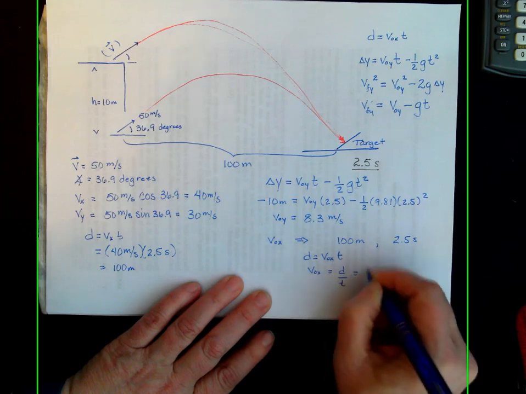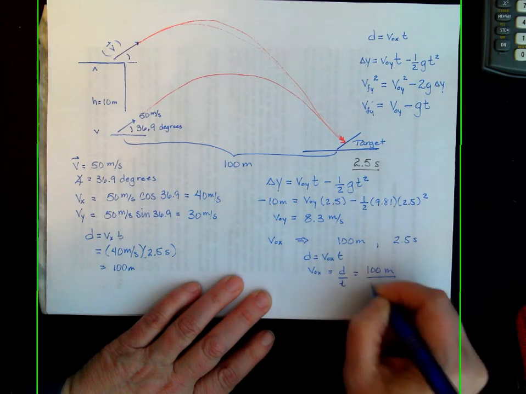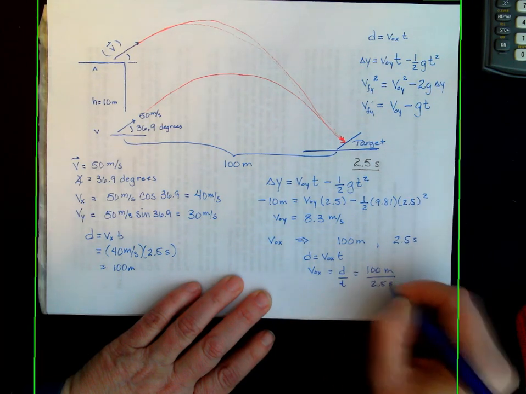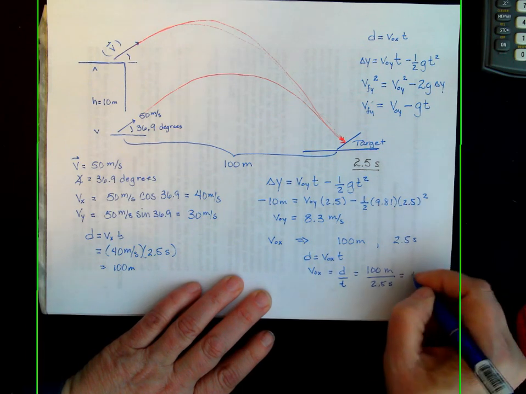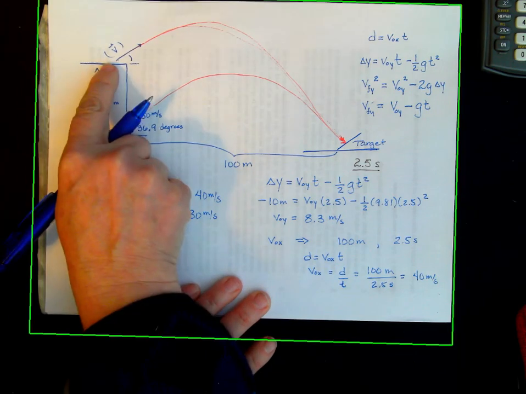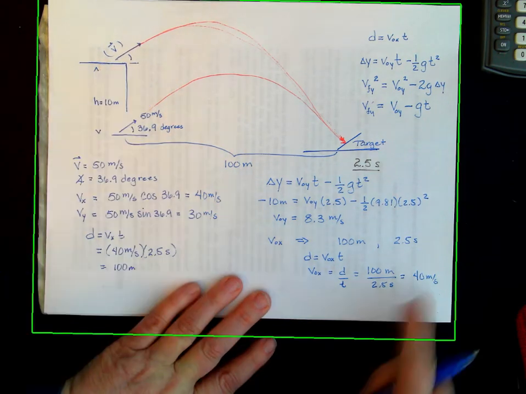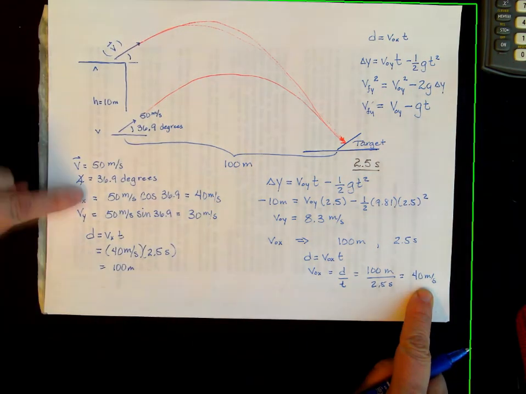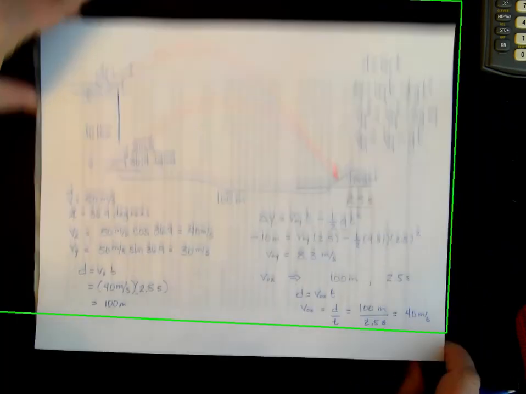And lo and behold, I'm getting my 100 meters divided by my 2.5 seconds, and that is going to give me my 40 meters per second. So it turns out that the x direction of my vector has got to be the same as this one over here, and that turns out to be the case.